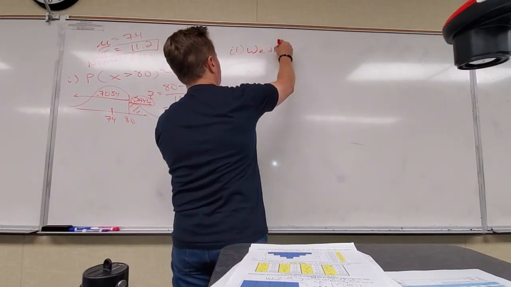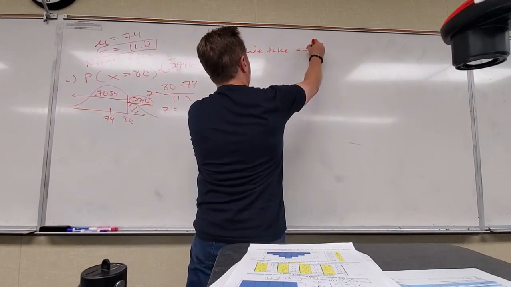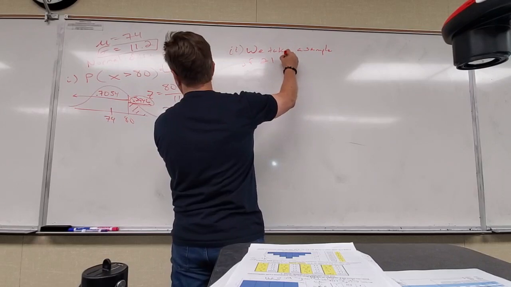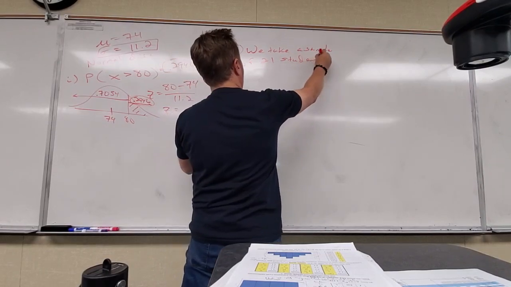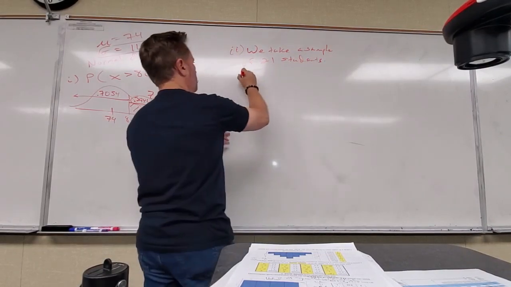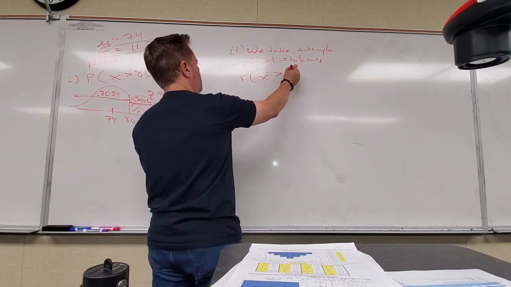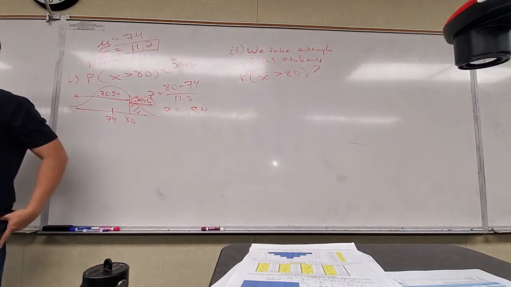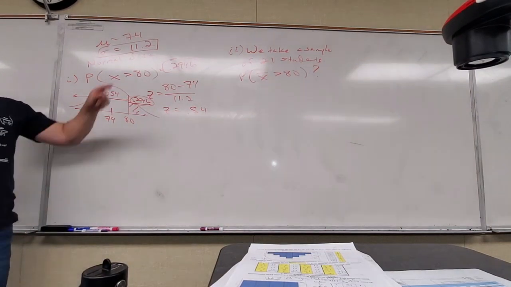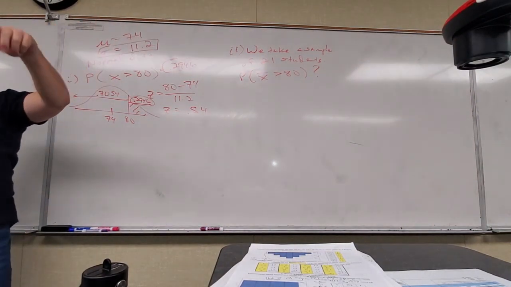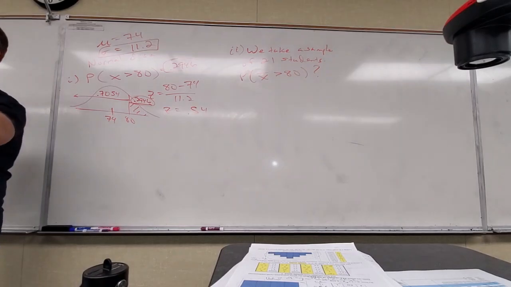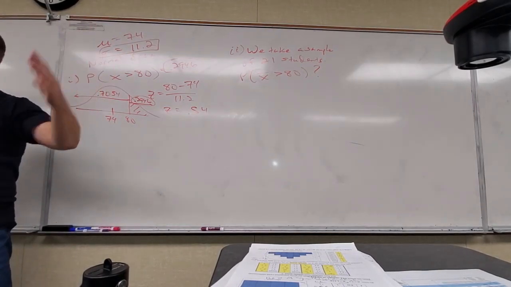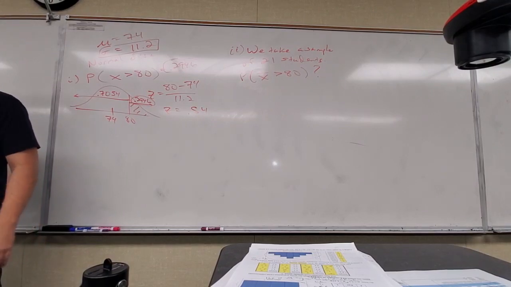We take a sample of 21 students. What is the probability that the sample mean is greater than 80? If the mean of everybody is 74, should it be easier for one person to have an average of 80, or for 21 people to have an average of 80 or above?